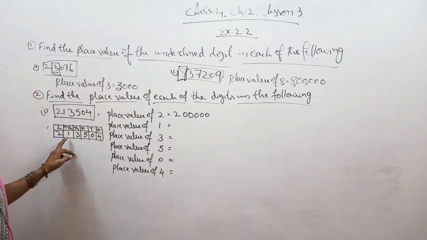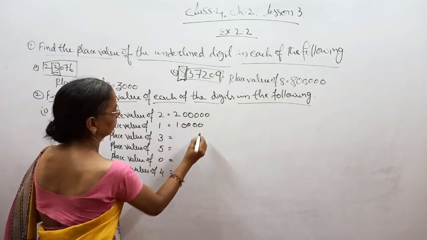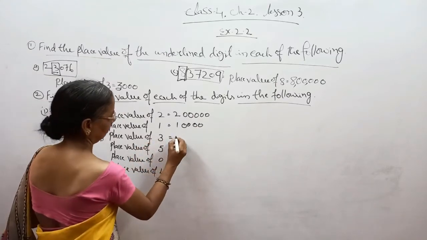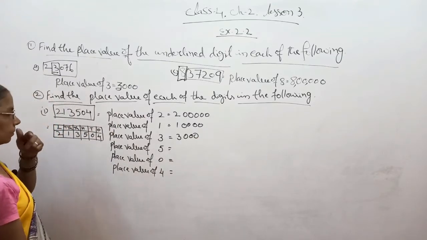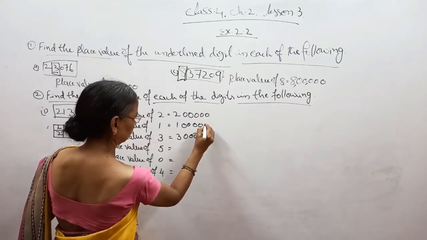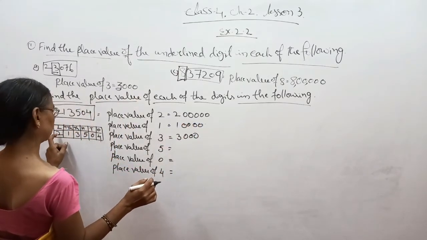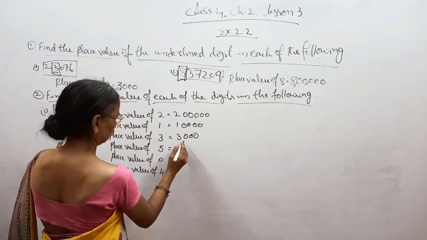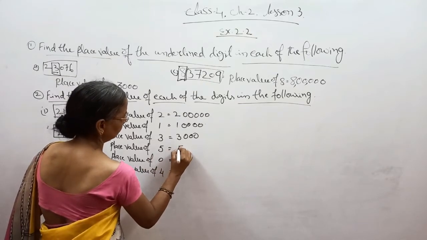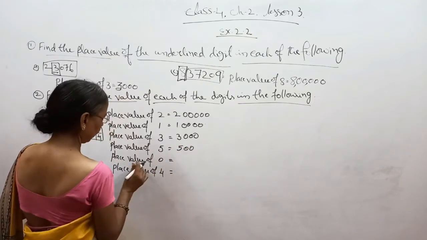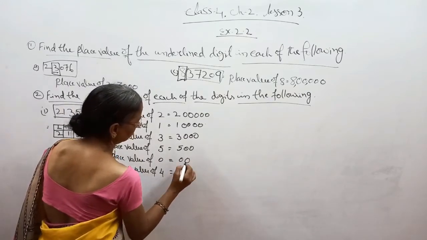In the same way, दूसरा 1, then put 4 zeros. Then third one 3, put 3 zeros. Then 5, put double 0. Then the place value of 0 is in the place of tens, so simply put double 0.